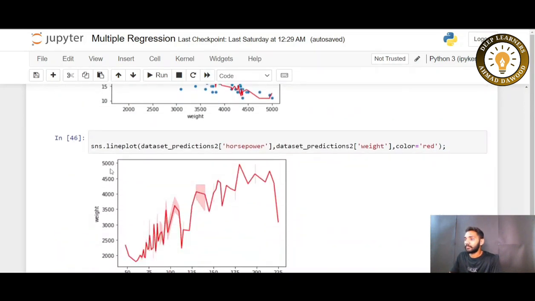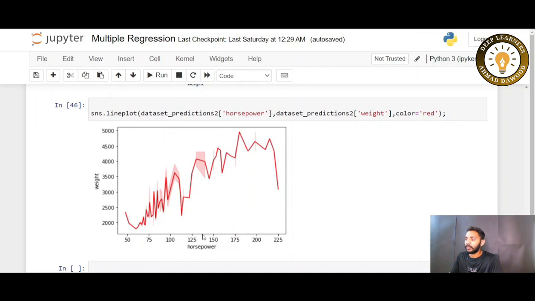Now here, horsepower versus weight. I have plotted a horsepower versus weight graph, and it looks like this line. You can see that your data points are in this way, with your independent variables.